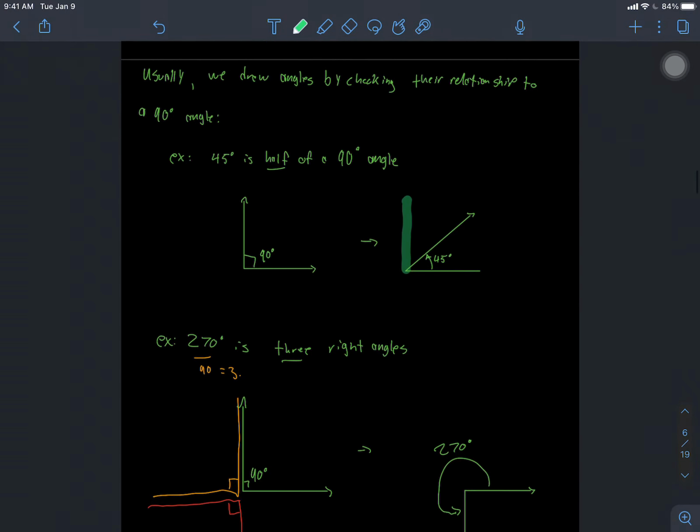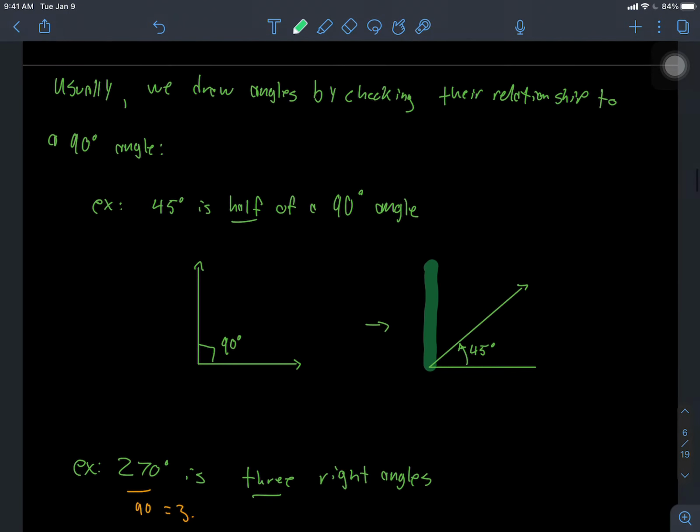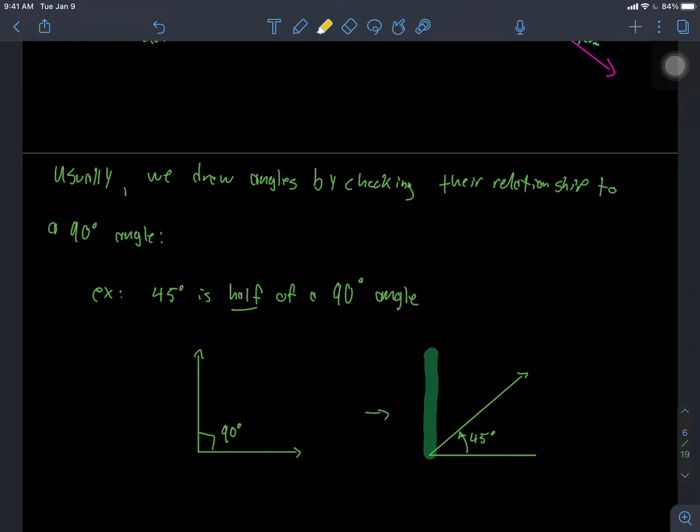Okay, so how do we actually draw these angles? Typically, if I'm given an angle in terms of its degrees, I'm just going to understand it as being either a multiple or a fraction of a 90-degree angle. I know what a right angle looks like.